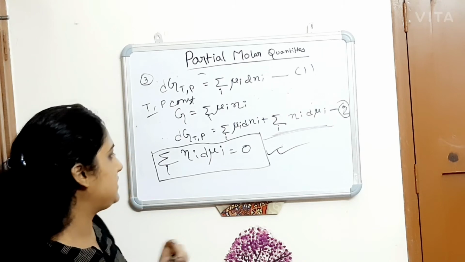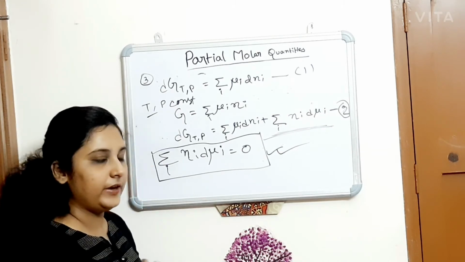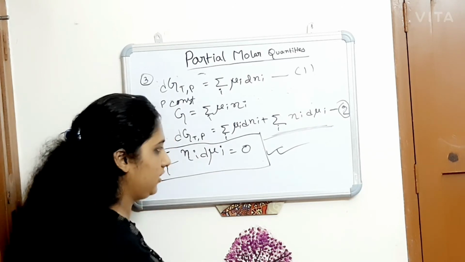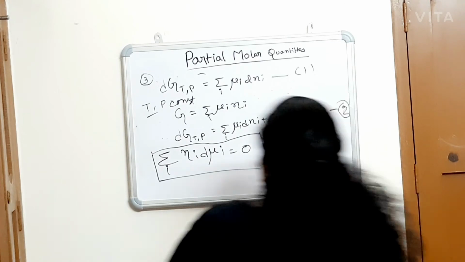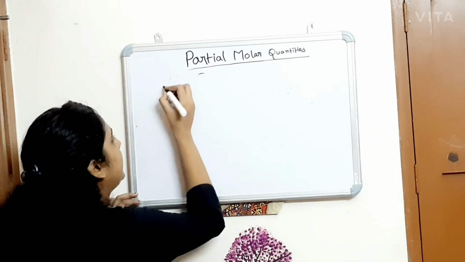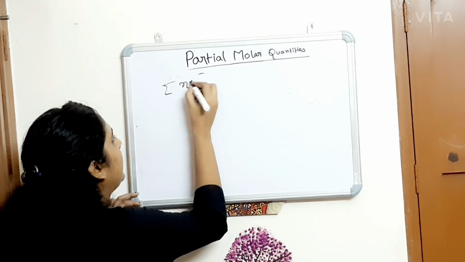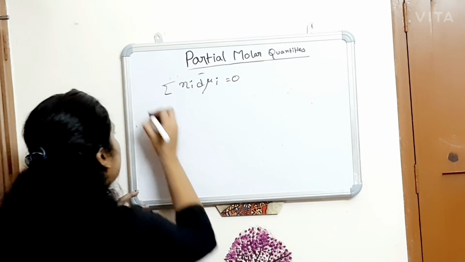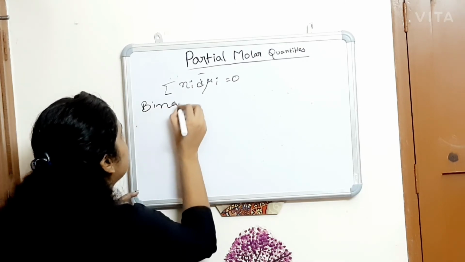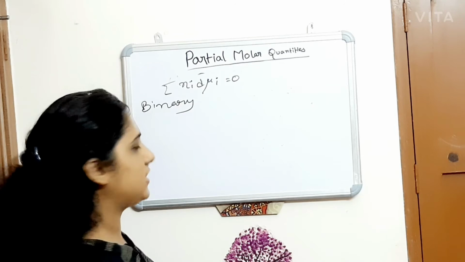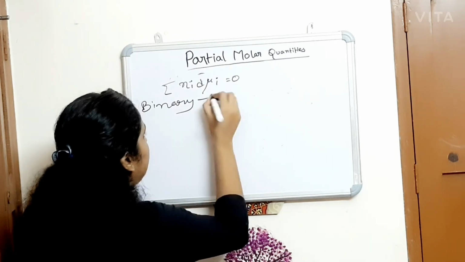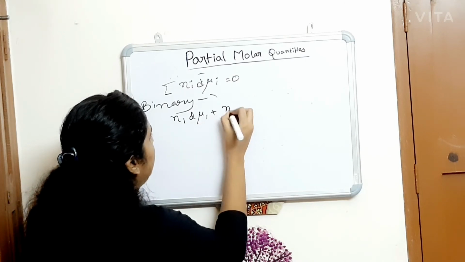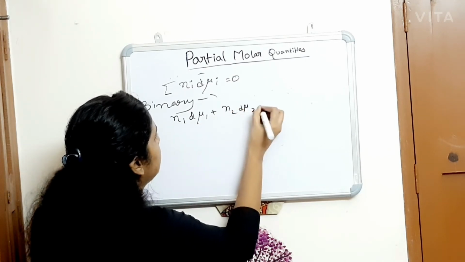Now I will tell you a very important application of this Gibbs-Duhem equation. Let's see what that application is. We have the sum over i of n i d mu i equal to 0. For a binary mixture, where the mixture has 2 components, the Gibbs-Duhem equation is n1 d mu 1 plus n2 d mu 2 equal to 0.